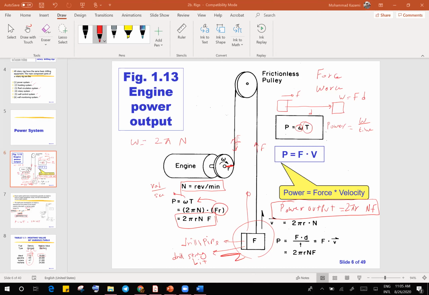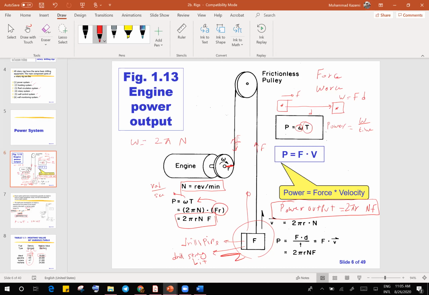So you move an object from this location to another location for a distance d, right? Now, I may do it in 10 seconds, and Cayman may do it in 2 seconds. We both applied the same force and we moved that object the same distance, but I did it slower than Cayman.